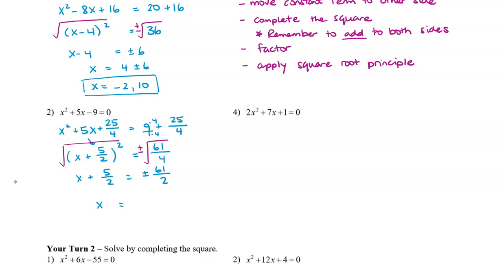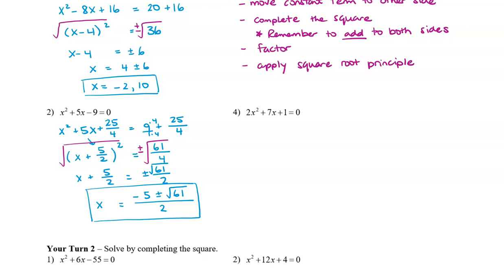So when I subtract 5 over 2 to the right side, I'm going to have negative 5 plus or minus, oh, I forgot my square root. So don't forget the square root on the 61. And then this will be all over 2. So this is not a pretty answer, but this is the solution for the second question here.